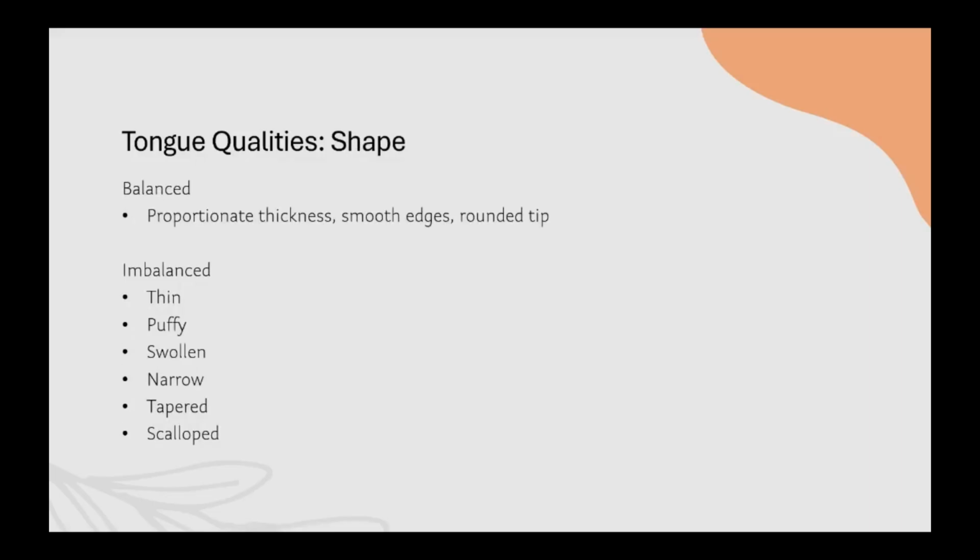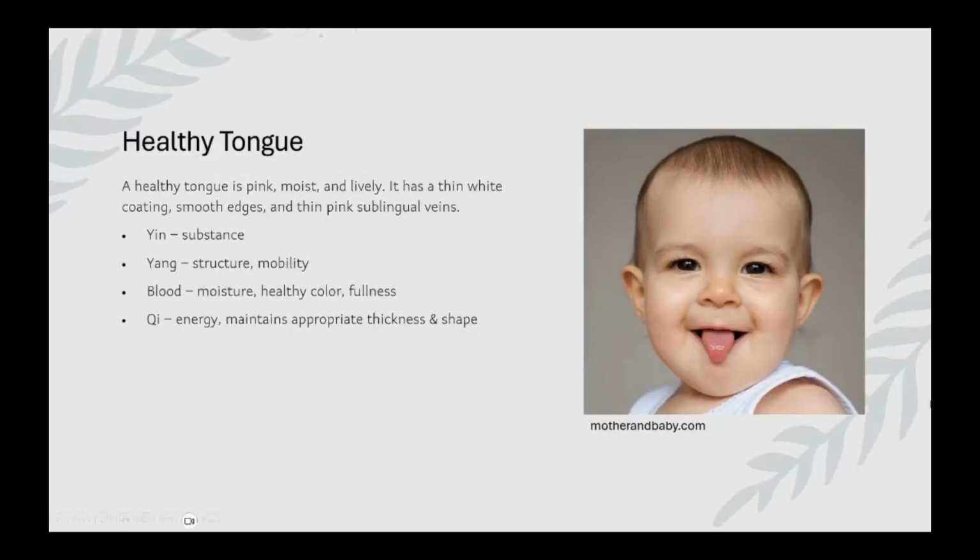And then next we'll talk about the shape of the tongue. A healthy tongue is smooth edged, and looking back at this baby's tongue, you see the edges of the tongue here are smooth.